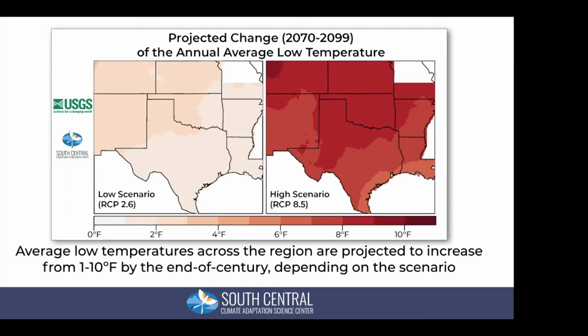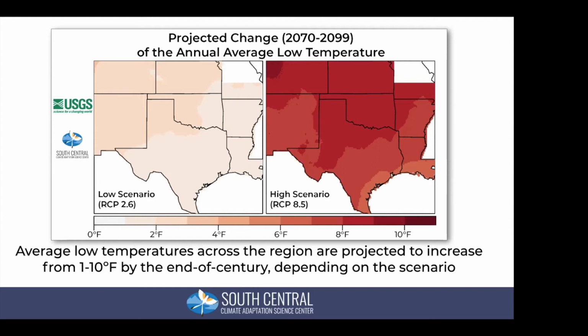But if we continue on our current course, average low temperatures are projected to be 6 to 10 degrees Fahrenheit warmer than our recent past. Clearly, we would have more adaptation to do in the high scenario than in the low scenario.